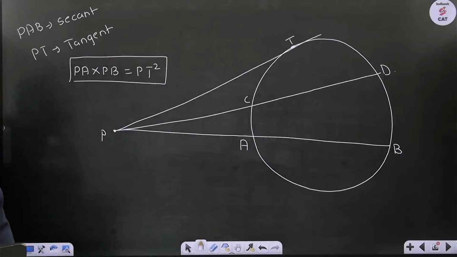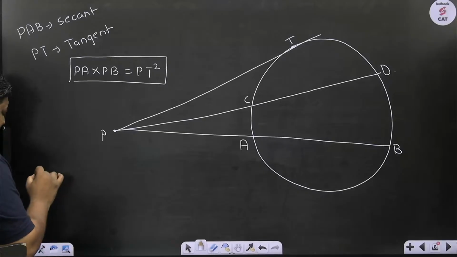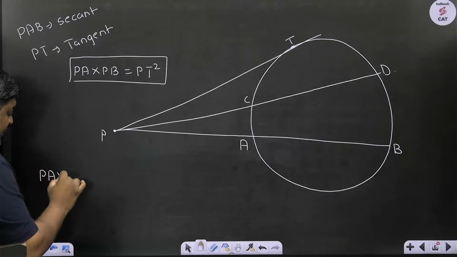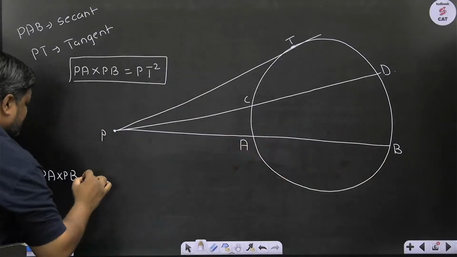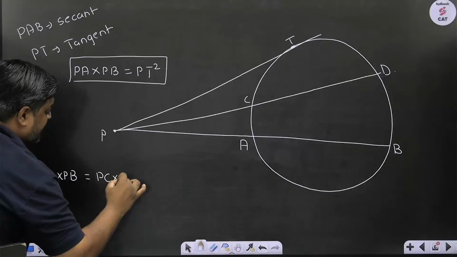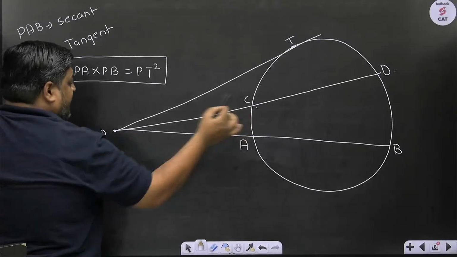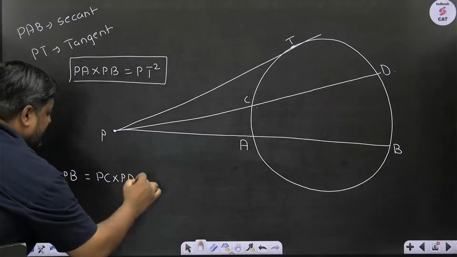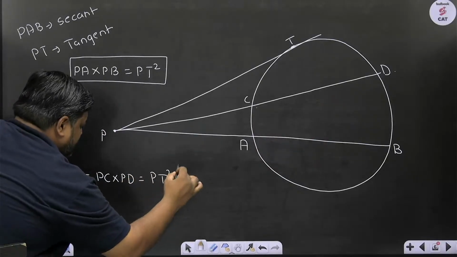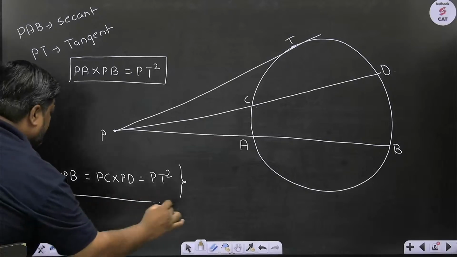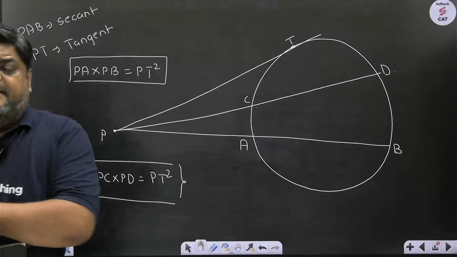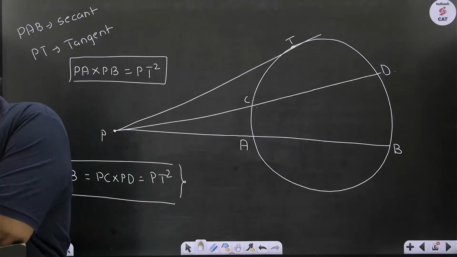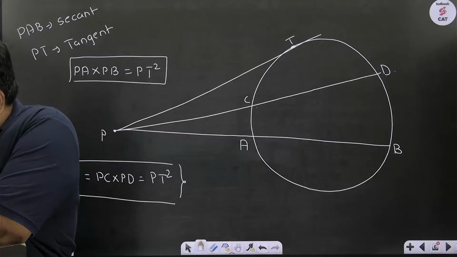So now I can incorporate all of these three: PA into PB is as good as PC into PD, which is equal to PT square. You can incorporate this if there are more than one tangents or more than one secants given. Sorted?